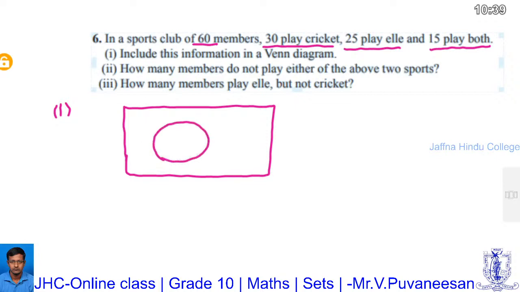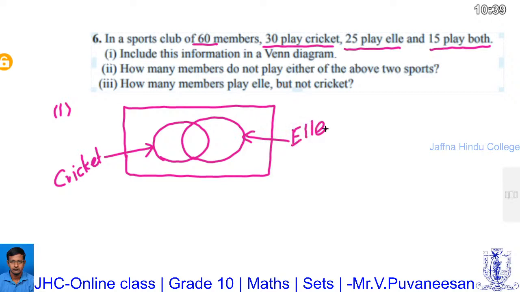These are joint sets. Name this one cricket, and the next one LA. This is the universal set, so we put the rectangle mark.